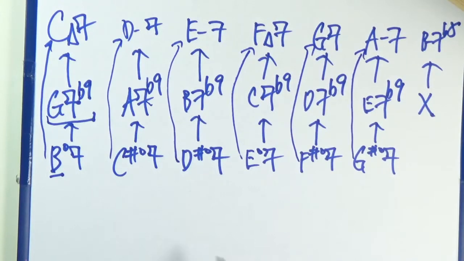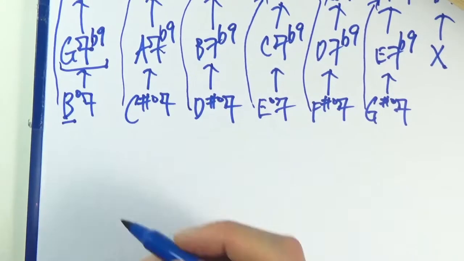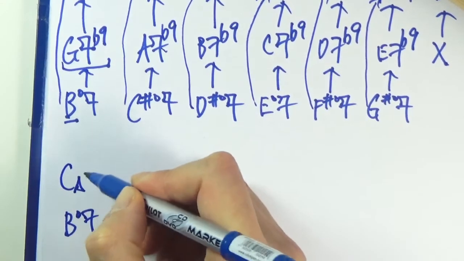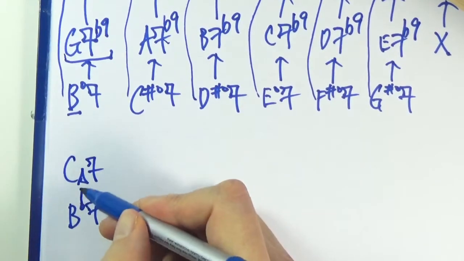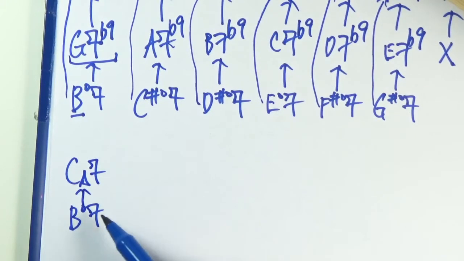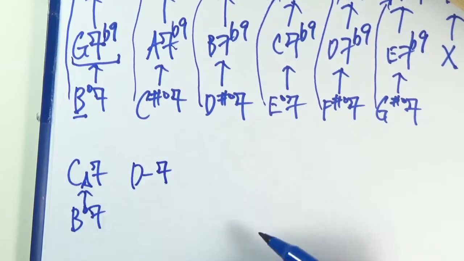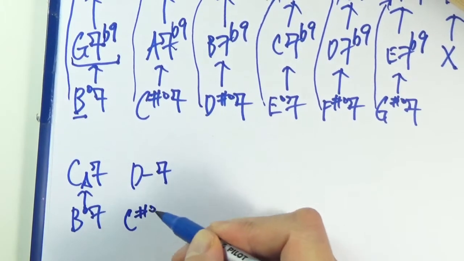Okay, so let me clean this up a little bit. So instead of having a secondary dominant, you can actually have it diminished going directly to the diatonic chord. So this one would be much cleaner here.